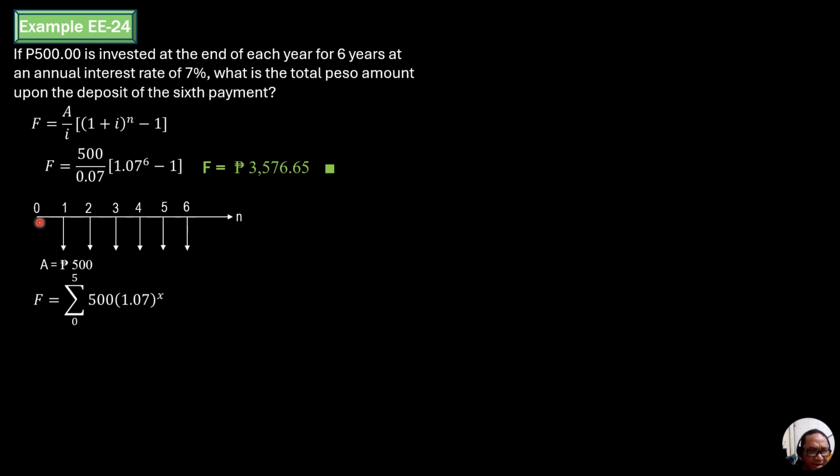Because it should be 1 minus 1. It begins at 1, so 1 minus 1 is 0, and it ends at 6, and 6 minus 1 is 5. And 0 to 5, there are 6 payments also. So for an ordinary annuity, if you use this sum notation, the bottom is beginning minus 1, and the upper limit is end minus 1.